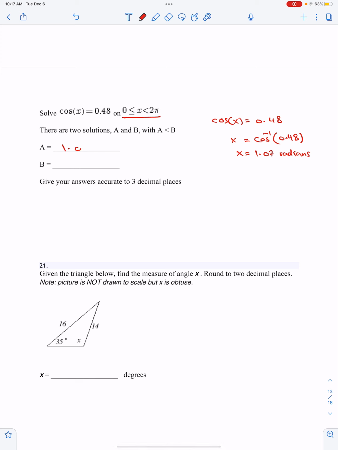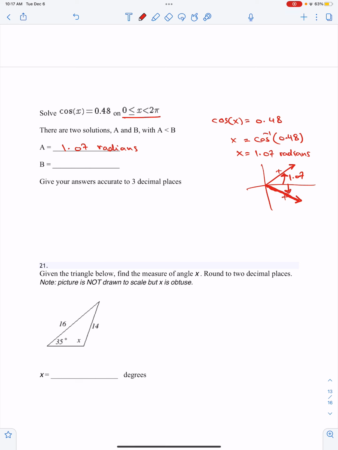1.07 radians. I know that cosine is positive in the first quadrant and the fourth quadrant. So assuming that this angle right here is 1.07, how can I get the same exact angle in the fourth quadrant, which is this one right here?